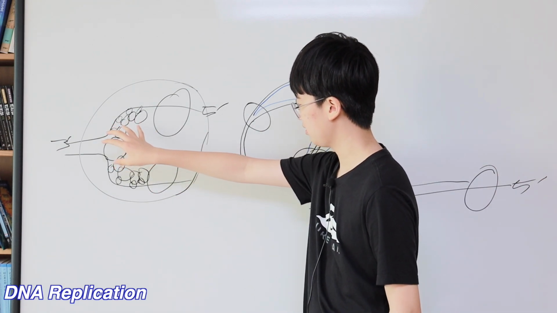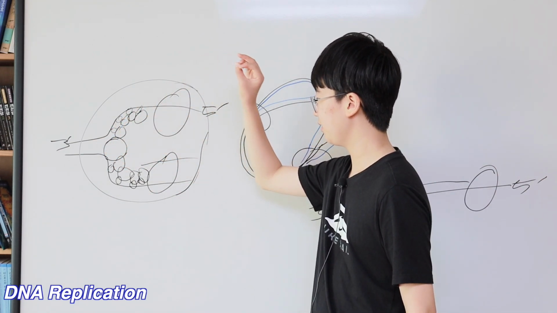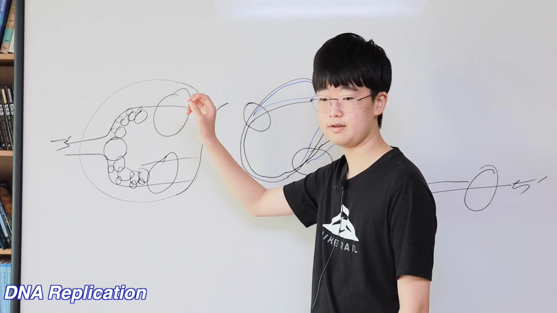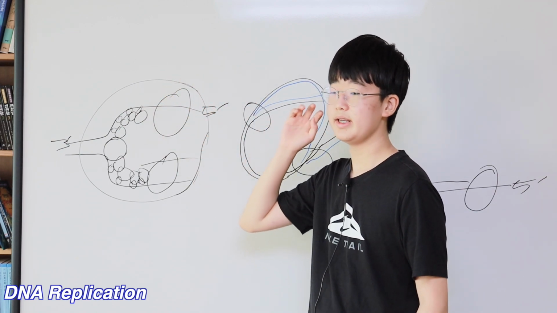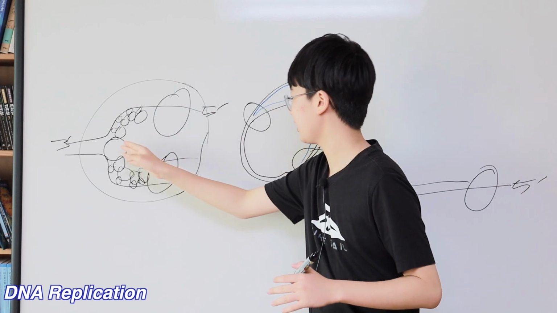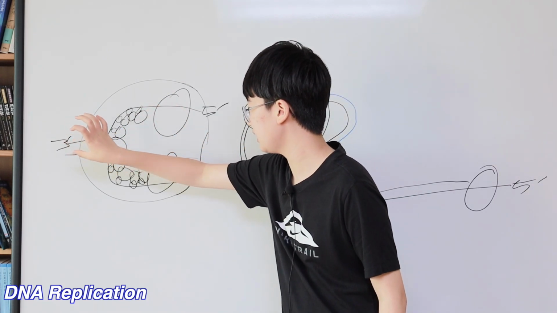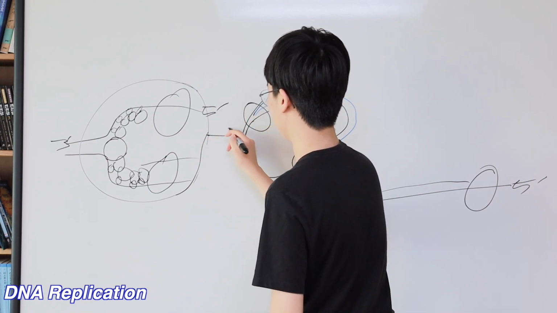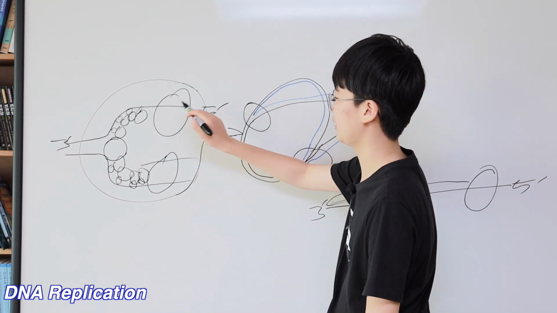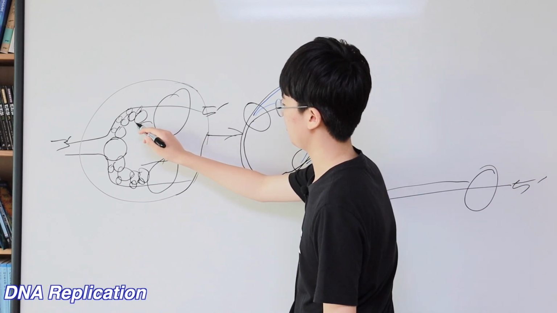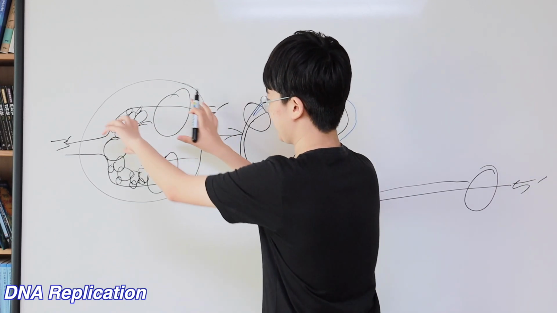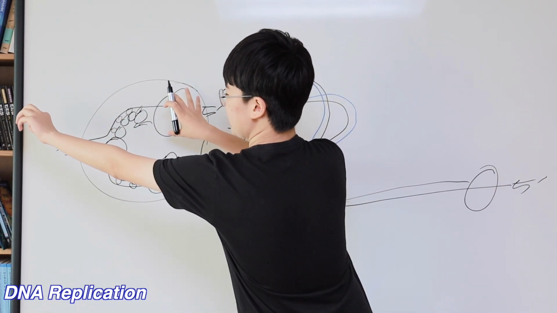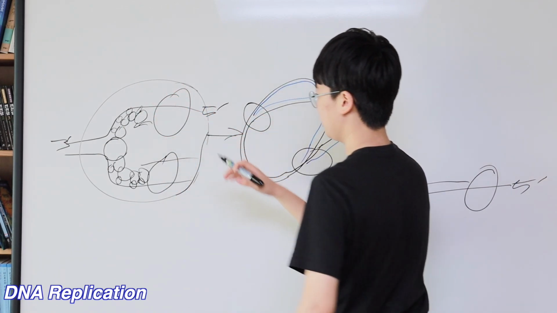So if you look at this in a frame of reference of the helicase, the DNA is coming at you. So the DNA is moving in this direction. So if the DNA polymerase is going this way, it is basically standing here while the DNA comes over here like this.